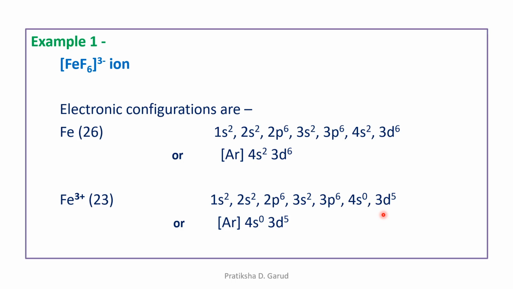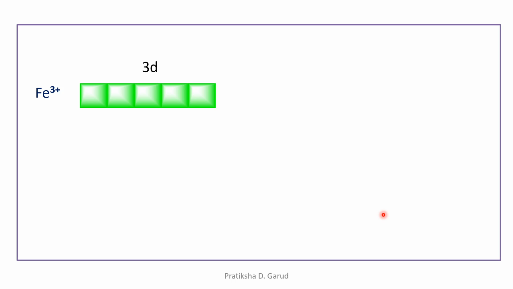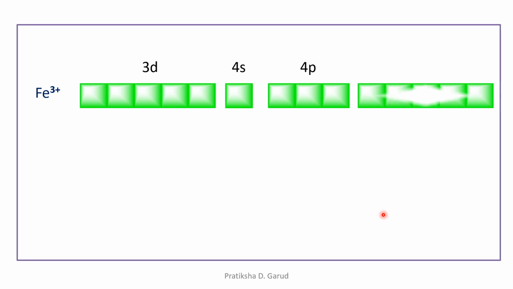So let's put these 5 electrons in the box diagram. So we are having the Fe3+, which is having the 3d atomic orbital, 4s atomic orbital, 4p atomic orbital, and we have to also consider the outer, that is the 4d atomic orbital, not 3d.